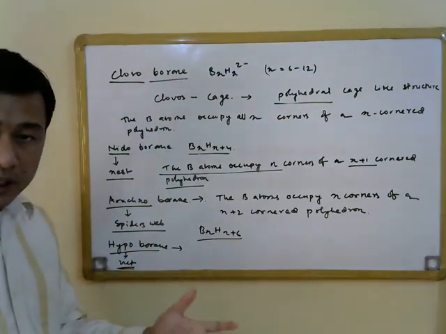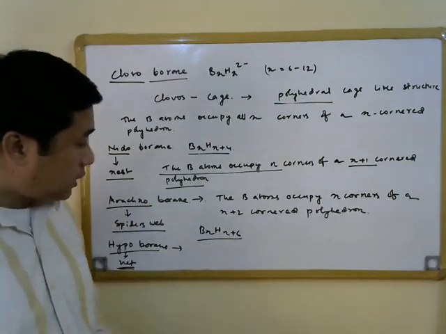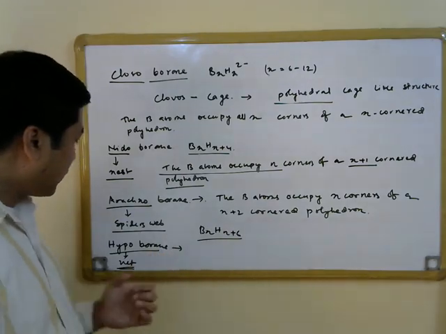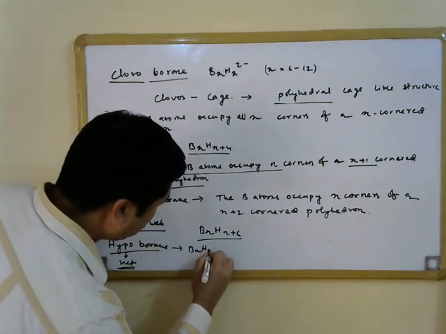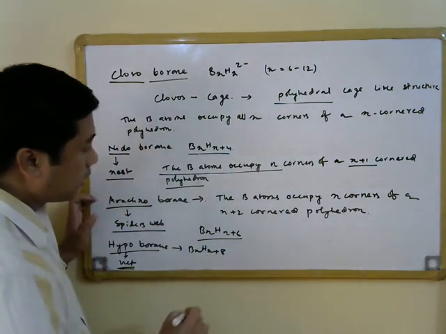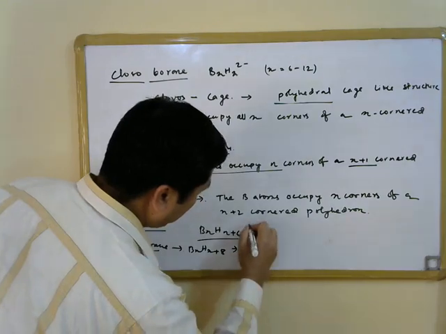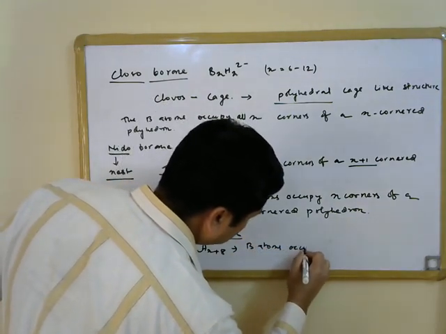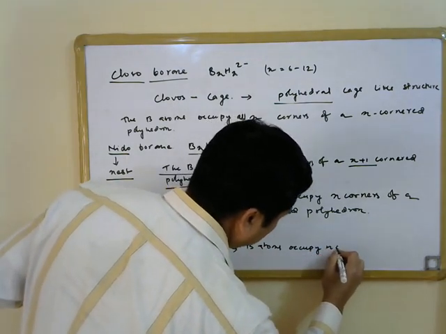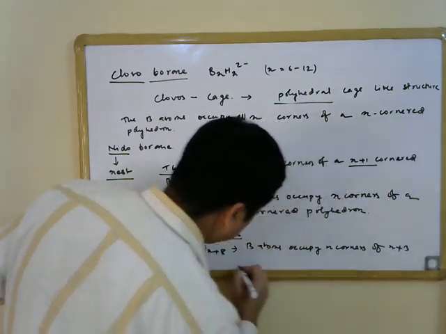So these structures are completely open, net-like structures, and the generic formula of hypoboranes is BnHn+8, and here boron atoms again occupy n corners of a n+3 cornered polyhedron.